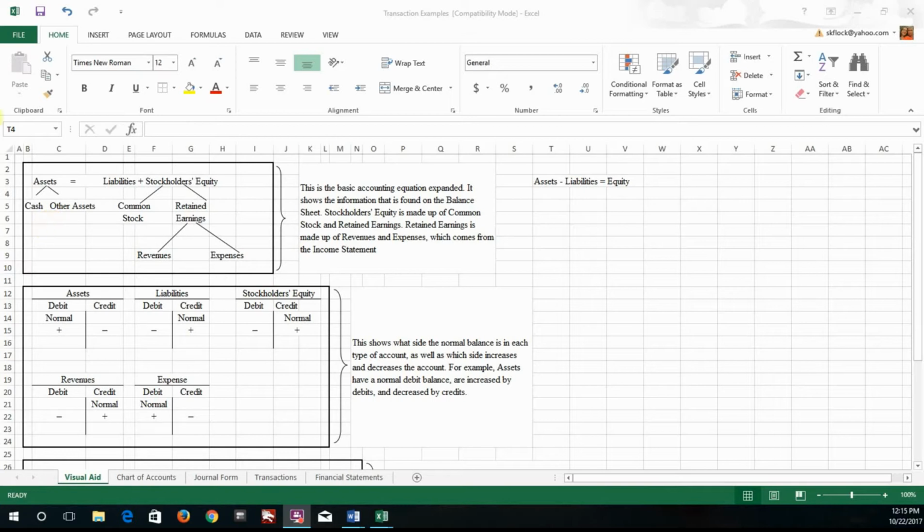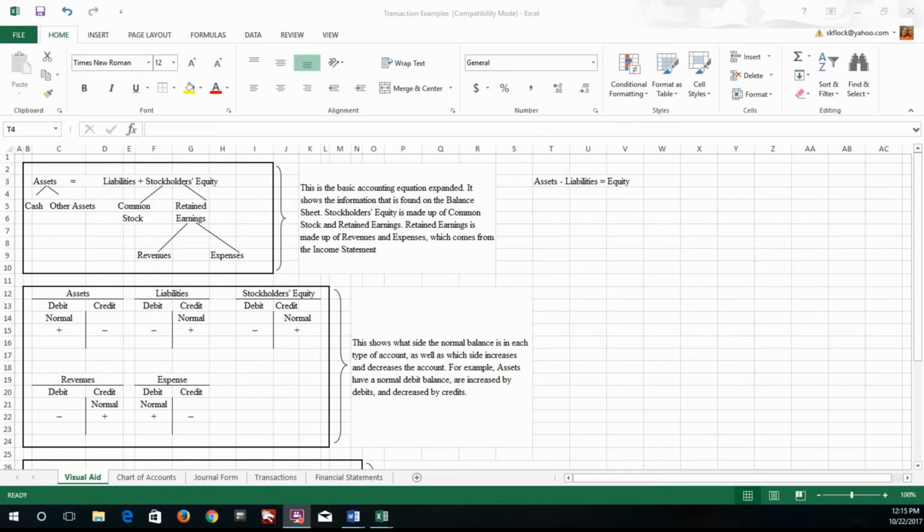Now, this accounting equation is a mathematical equation. It must always remain in balance. So when we get into posting transactions into the accounting system, and I start showing you how to do that, the key is always going to be making sure the accounting equation remains in balance.